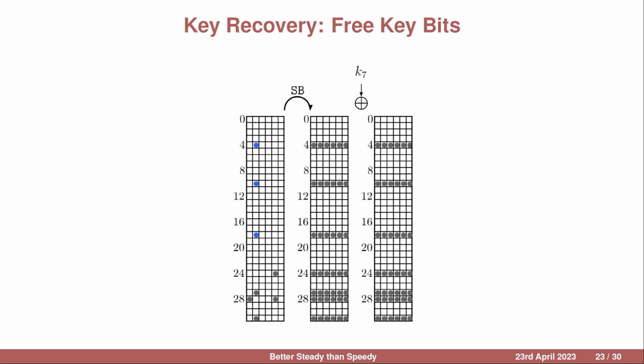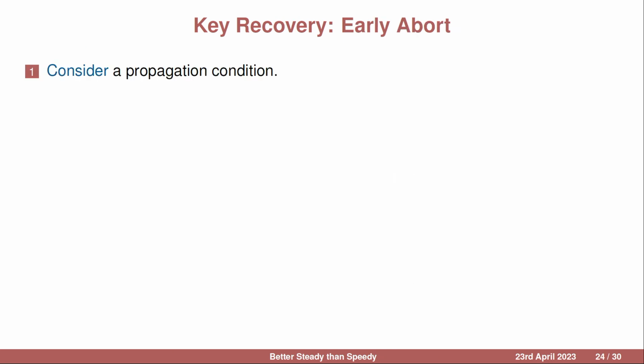So we can recover the key because it would be the one that allows the transition. So first, we already have some free bits regarding the output. However, it does not give us the whole key. So we need to perform some technique to recover the key bits that we don't have yet.